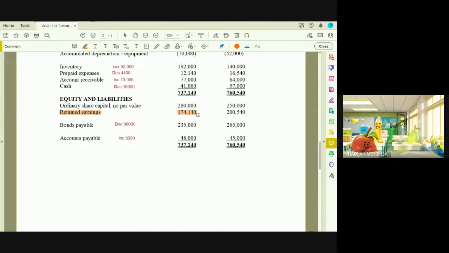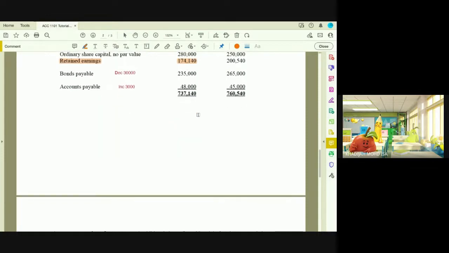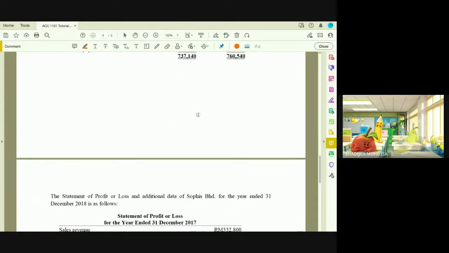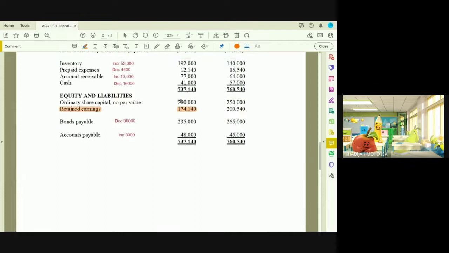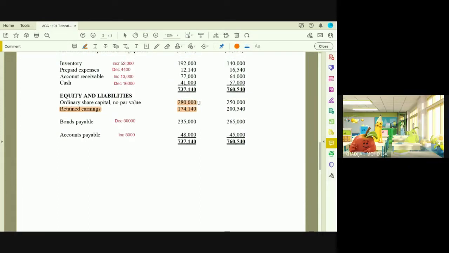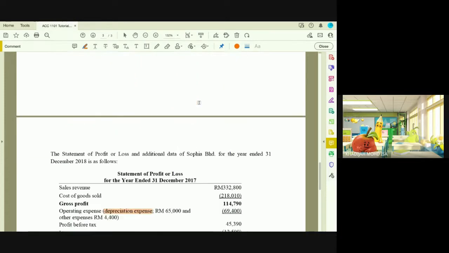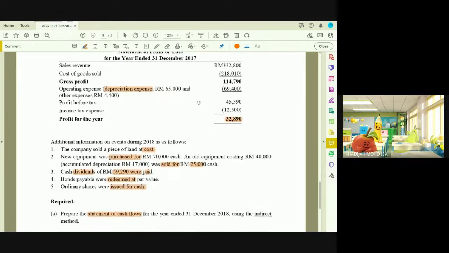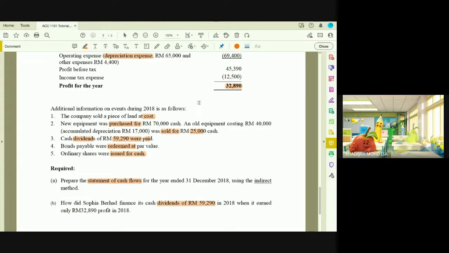On top of that, during the year you also issued additional shares. What do you get when you issue additional shares? Cash. So you have additional cash of 30,000, and then you also have profit for the year of 32,000, so you already have 62,000 cash.